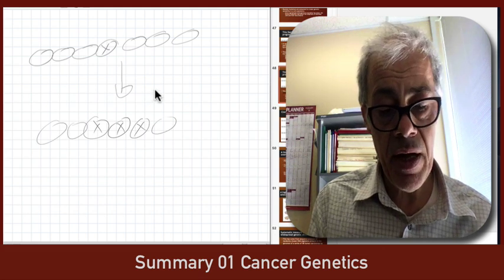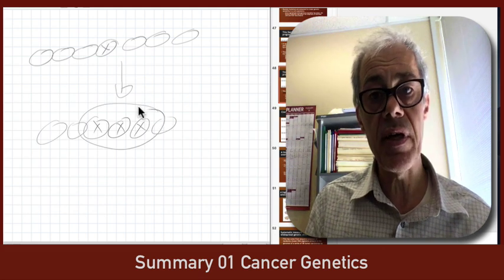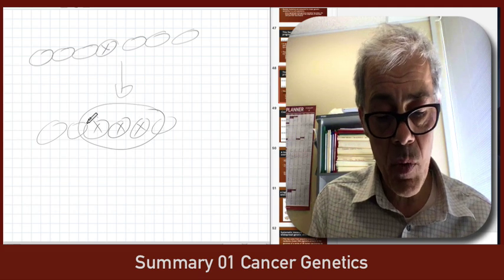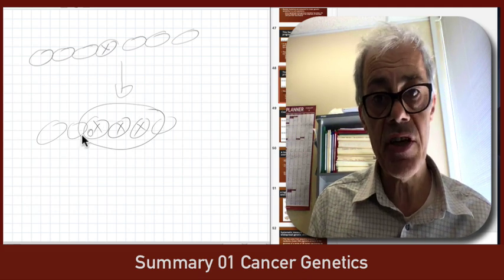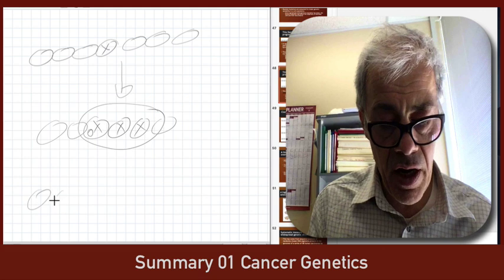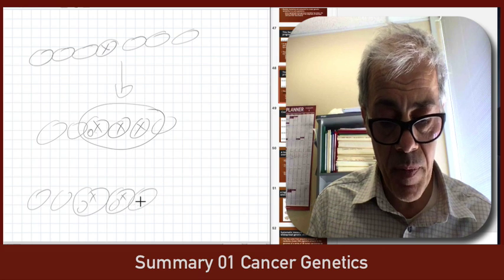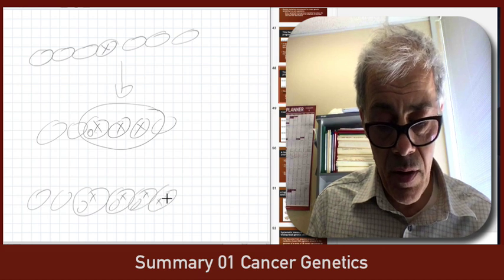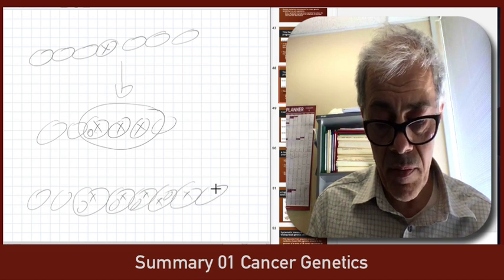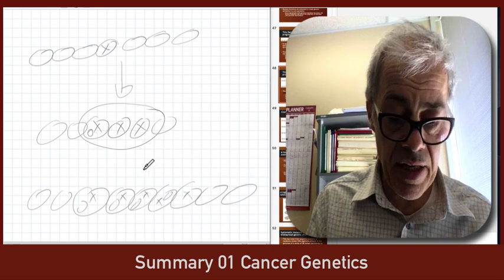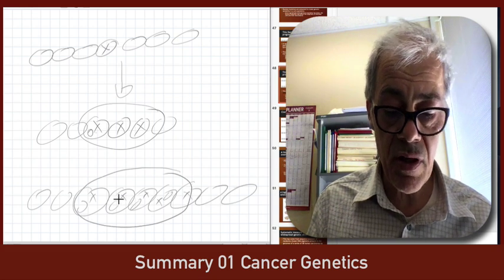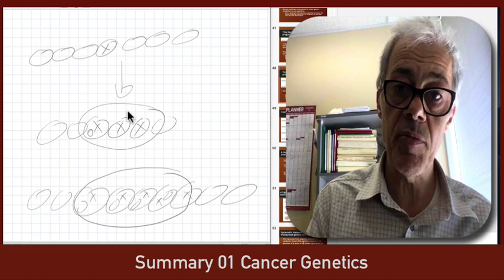So you start to have a higher proportion of these. And then within one of these cells, another mutation occurs, so that over time, this one now can grow at a faster rate than those around it. So you tend to get a new population which is outcompeting the initial population.